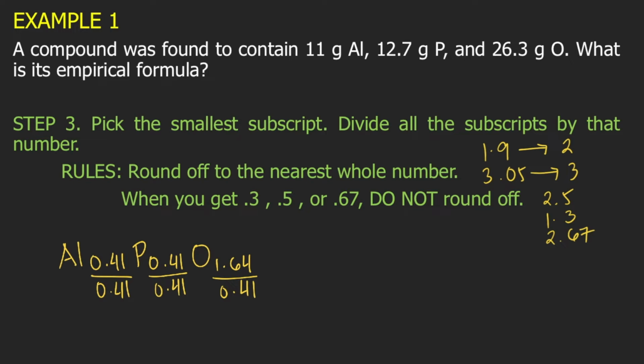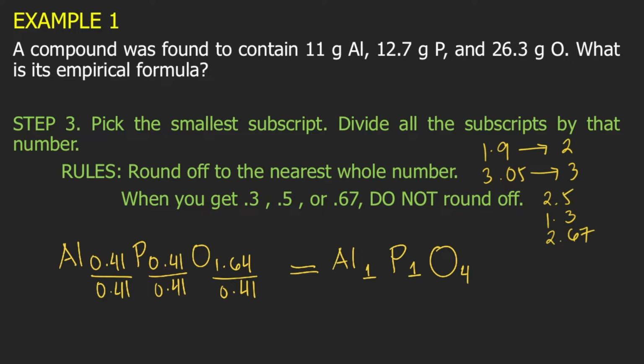So again, we divide all the subscripts by the smallest number. 0.41 divided by 0.41, of course, is equal to 1. So it becomes Al1. 0.41 divided by 0.41 is 1, so it becomes P1. 1.64 divided by 0.41 is equal to 4, so O4.